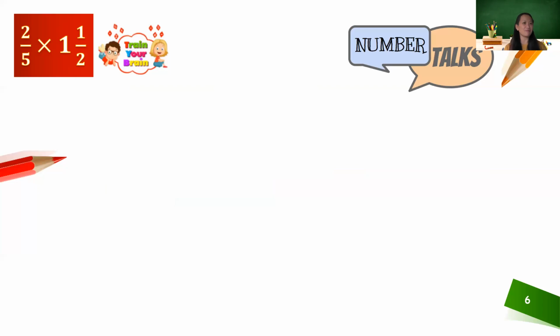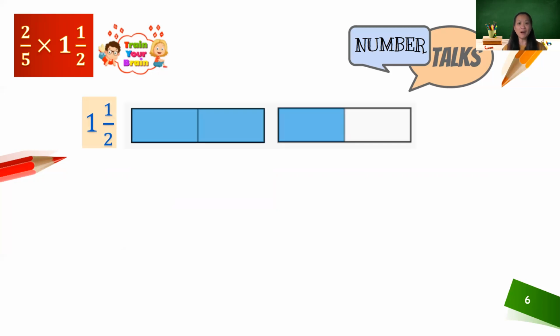Here you go. Let's try this one. What about mixed numbers? Well, it still works the same way, right? You want 2/5 of 1 1/2. So here is 1 1/2. 1 full bar and half a bar. Then I'm going to have to split what I have, which is the blue part, into 5 equal parts.